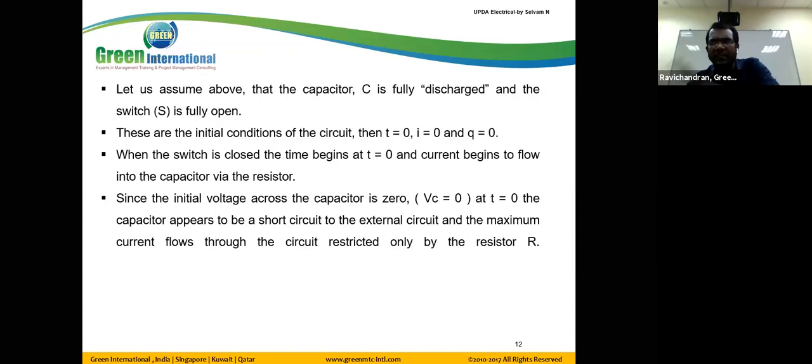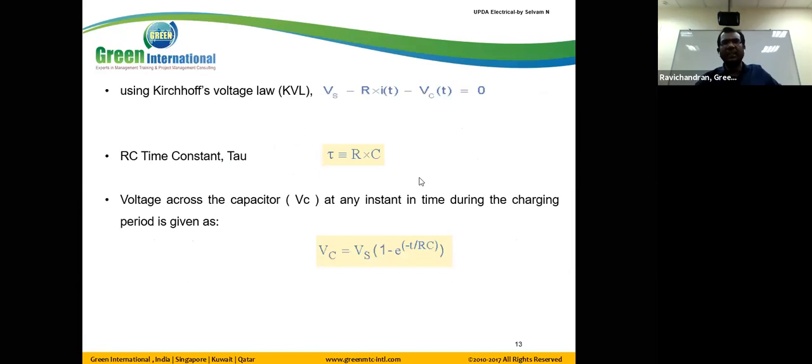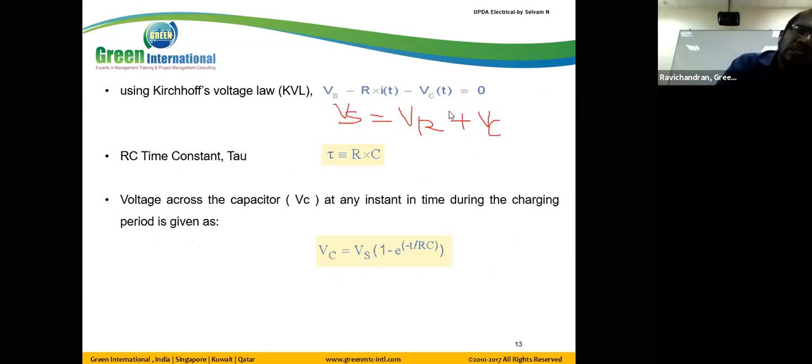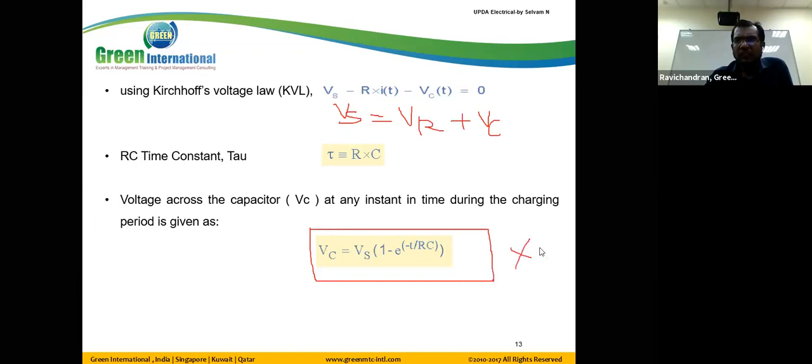So in the circuit we have two elements: VR plus VC. When we solve this equation, the capacitor voltage is, this is important, we must remember this formula.